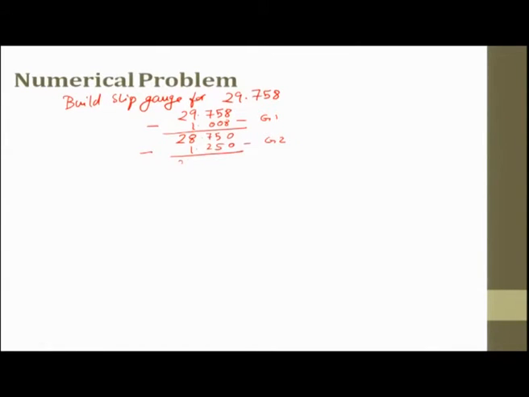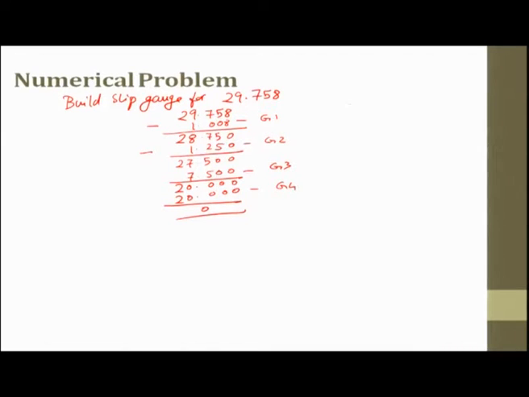So, then I have 27.500, right. So, then 7.5 will be the next one I subtract. So, I get 20.000, then finally I take 20.000 and this is 0. So, I have gauge 3 and gauge 4.